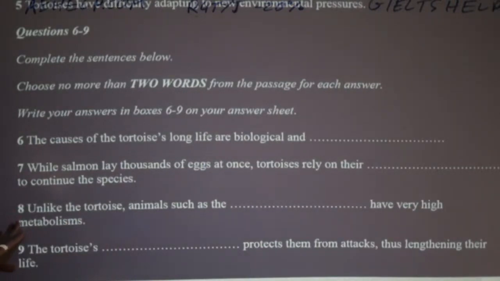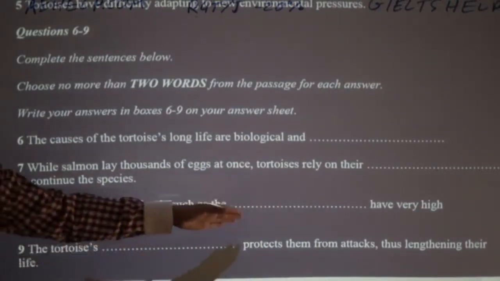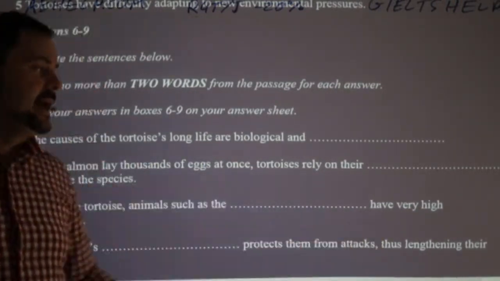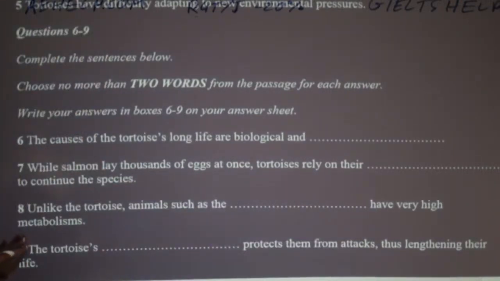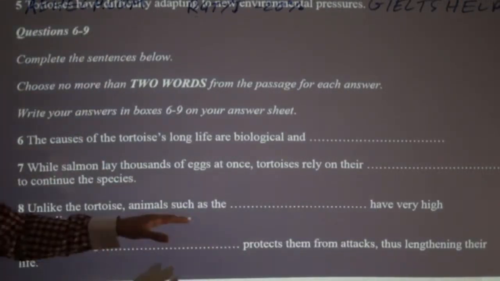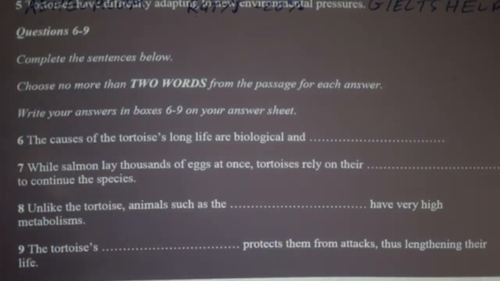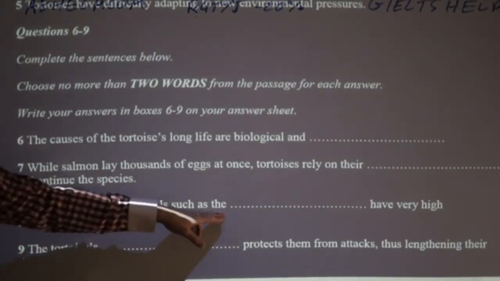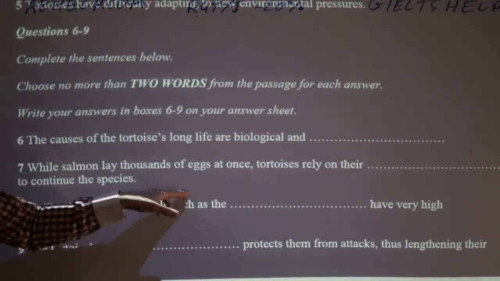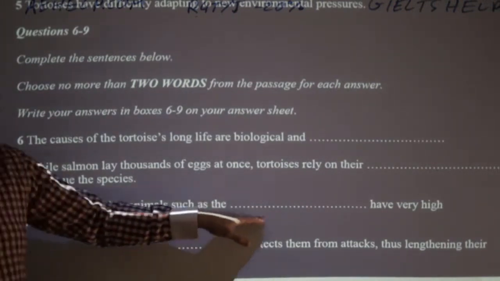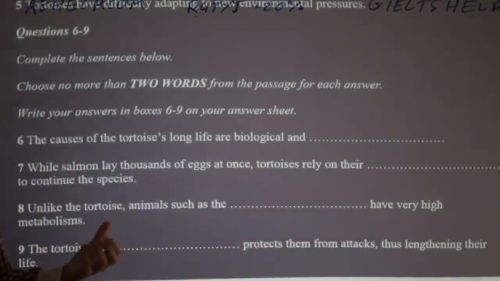Unlike the tortoise, animals such as some type of animal have very high metabolisms. So I don't know what these answers are yet, but I can kind of predict what they might be. Like in this one, unlike the tortoise, animals such as the. So animals such as means that this is going to be some kind of an animal. Okay, so keep that in mind as you do this.